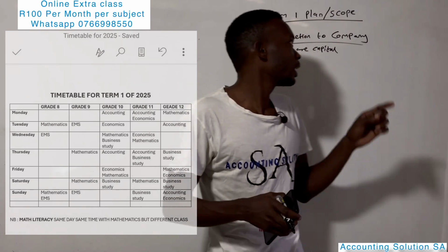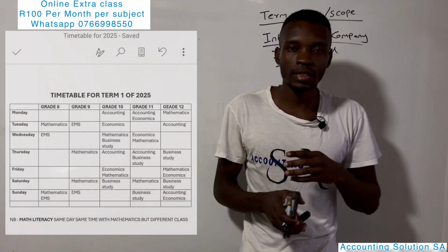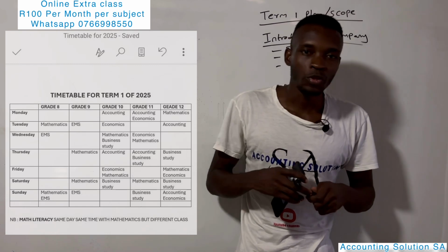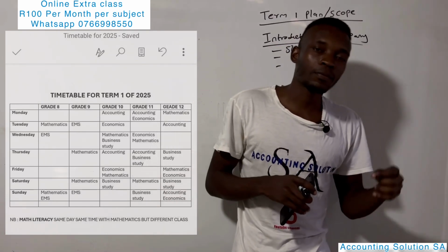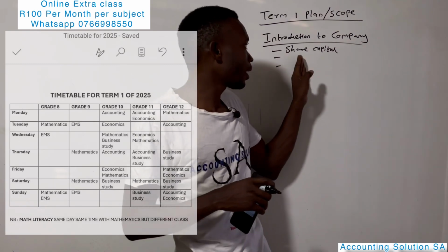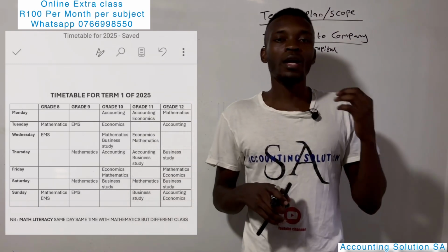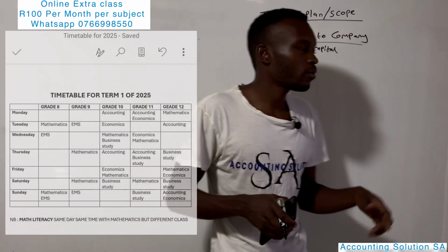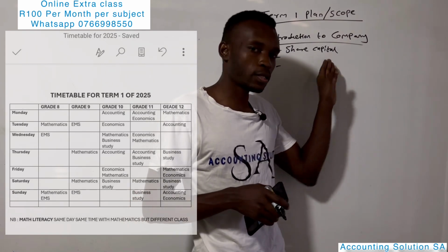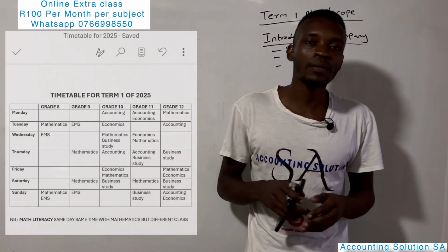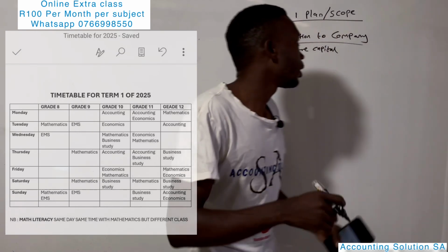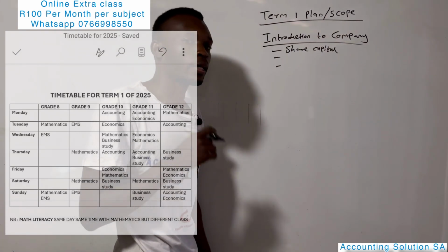We don't call it a share, we just call it a capital. That's the difference between partnership, sole trader, and a company. So ordinary share capital is what you are going to do in grade 12.